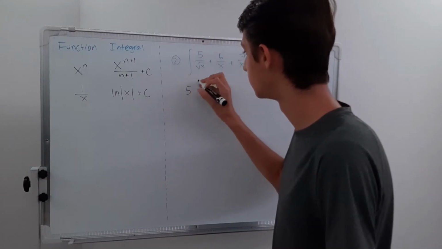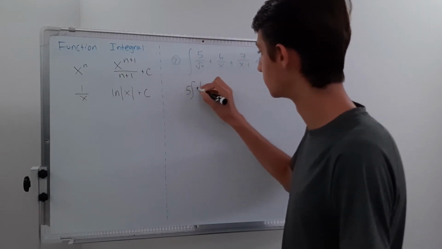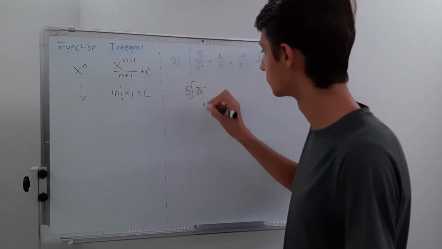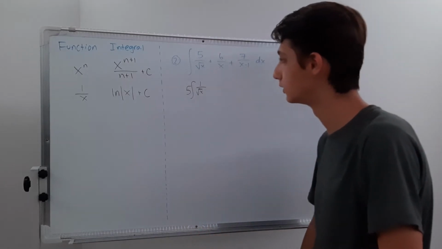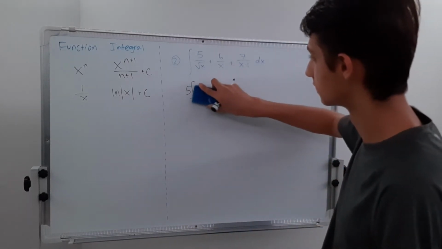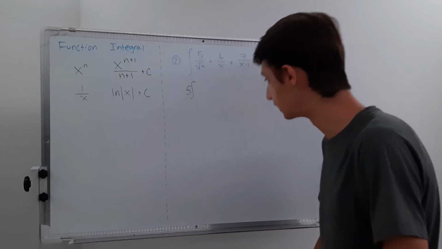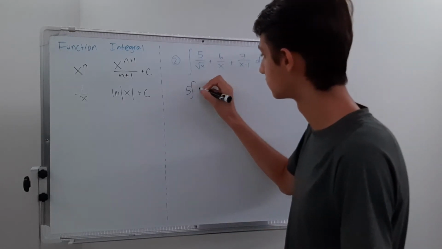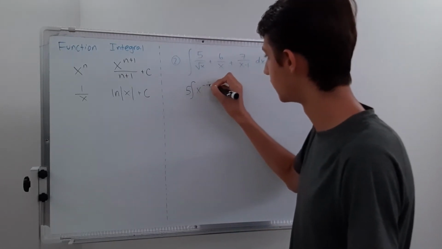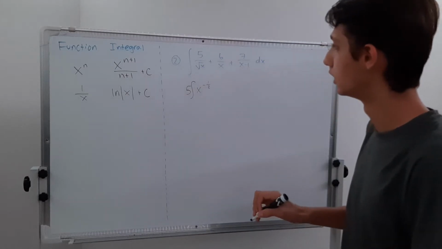So 5 times the integral of 1 over root x. And we can take it a step further and rewrite this. This is just x to the -1/2, right?